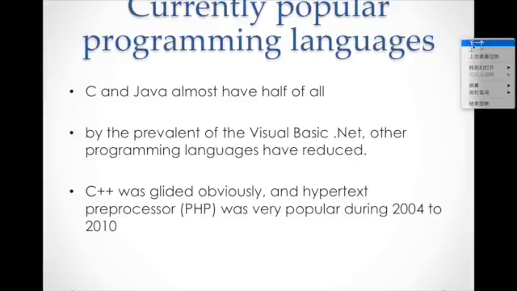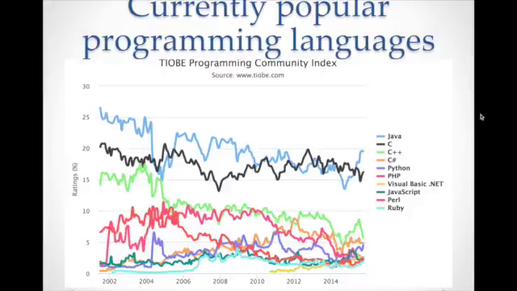We can see from this picture that VB also increased very quickly, but it is still less than 5%, so it's still very small.